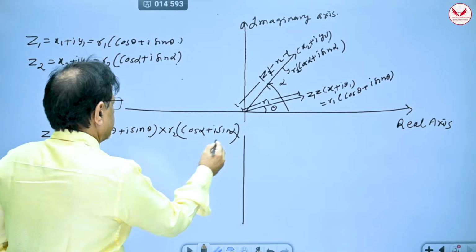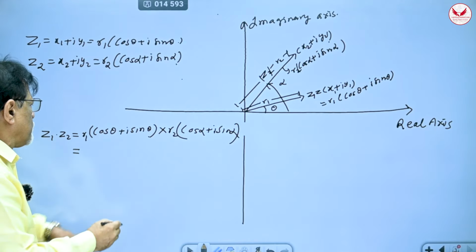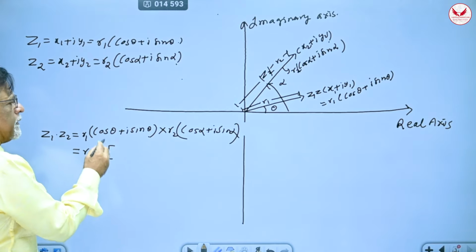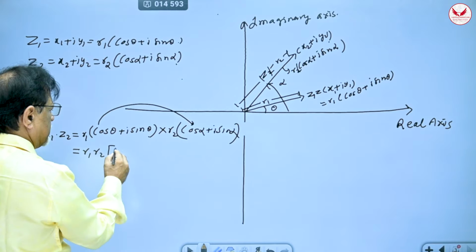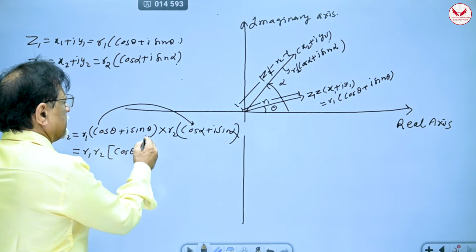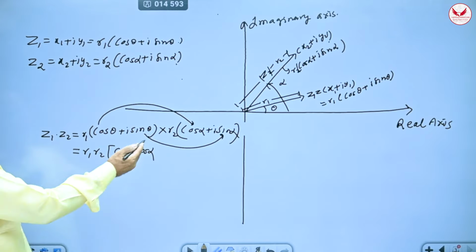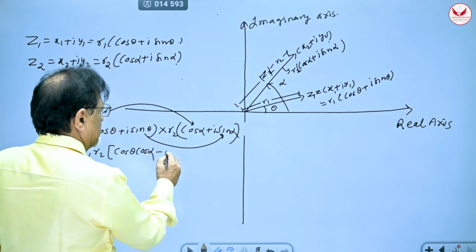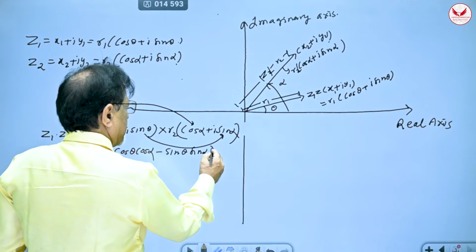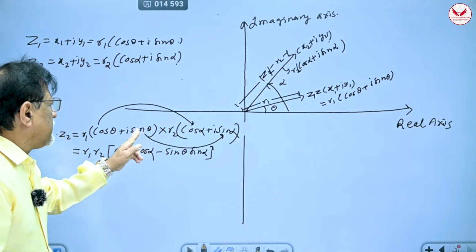So this is R2. So how do you calculate this product? Using our common sense. This R1 and R2, let us bring them together. So R1, R2, fine. Then cos theta into cos alpha, right? Then i sin theta into i sin alpha, so i squared, so that will be minus sin theta sin alpha, correct? So this will be the real part.